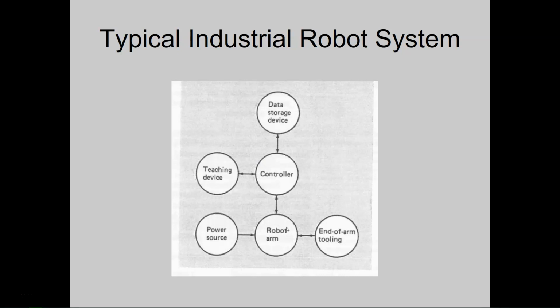The robot arm and the controller talk. The robot arm talks to the end of arm tooling, and the power source is generally put directly to the arm as well as the controller. All of this to say, basically this thing works as a computer and everything has to go back through the hard drive to work, essentially.